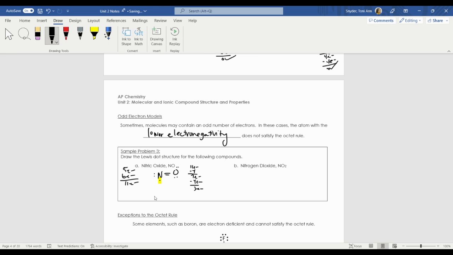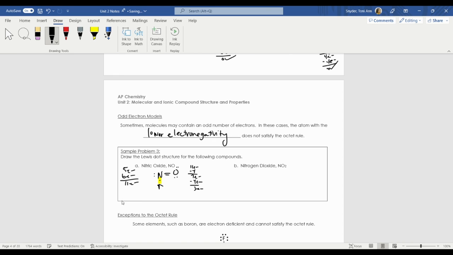But the reason why that particular nitrogen is missing an electron over oxygen is because oxygen is more electronegative. Because it's more electronegative, it's going to make sure it has all of its electrons before nitrogen does.